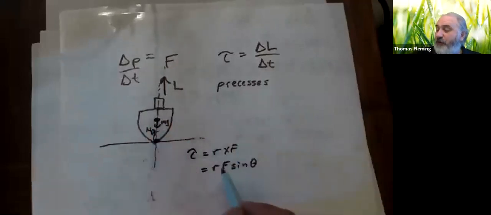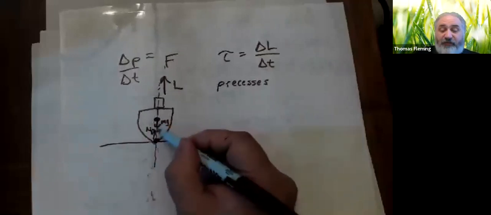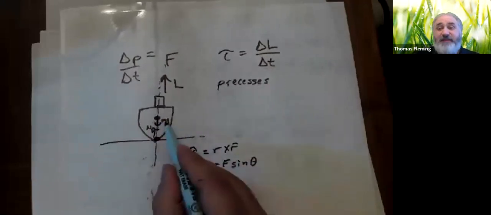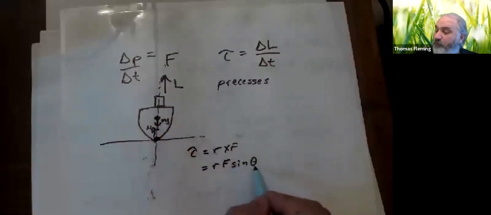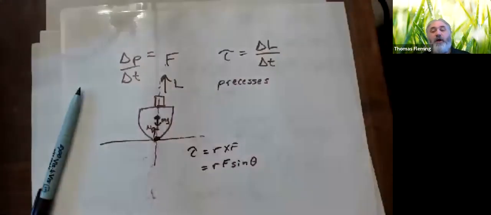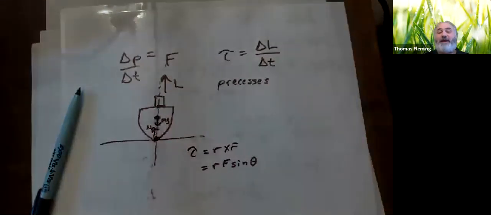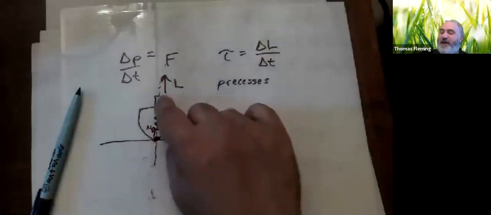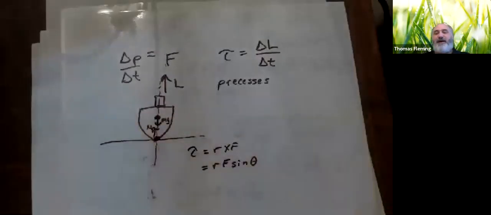Because even though R is this distance here, that's not zero, and F is mg, that's not zero, the angle between R, which points straight up, and gravity that points straight down would be 180, and the sine of 180 is totally zero. So if I did have it balanced perfectly, I could imagine balancing it on its tip.